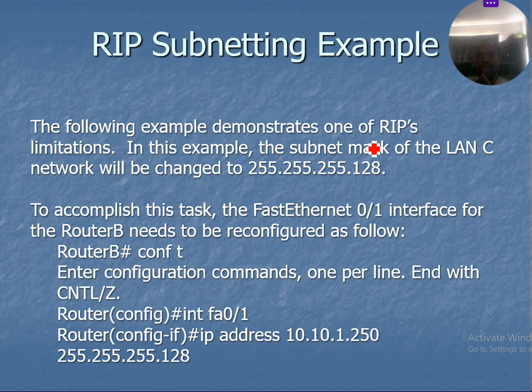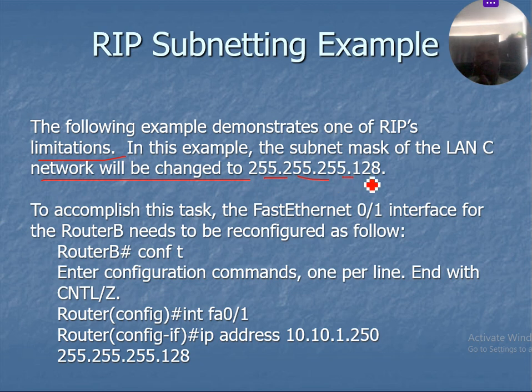This example will show RIP's limitation. It shows some limitations or some things that make RIP look as if it's not so good. Okay? In this example, the subnet mask of the LAN C network will be changed to 255.255.255.128.